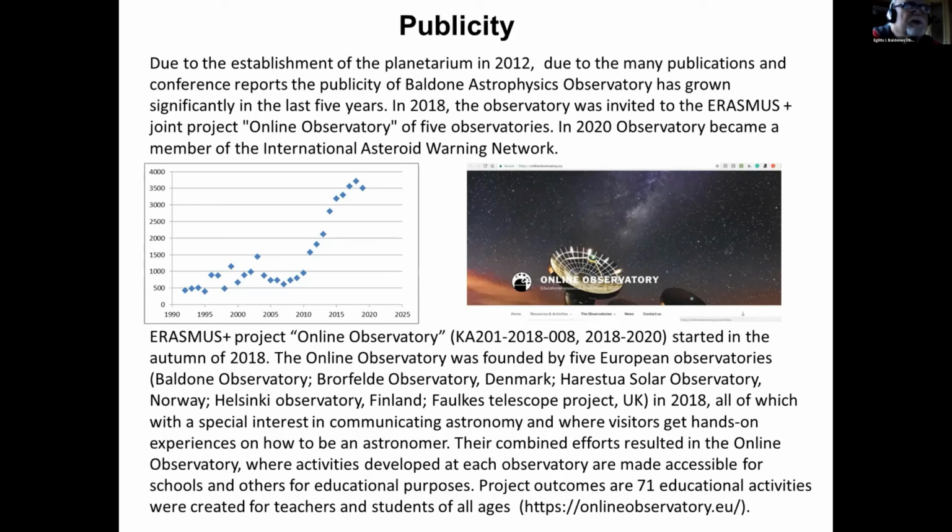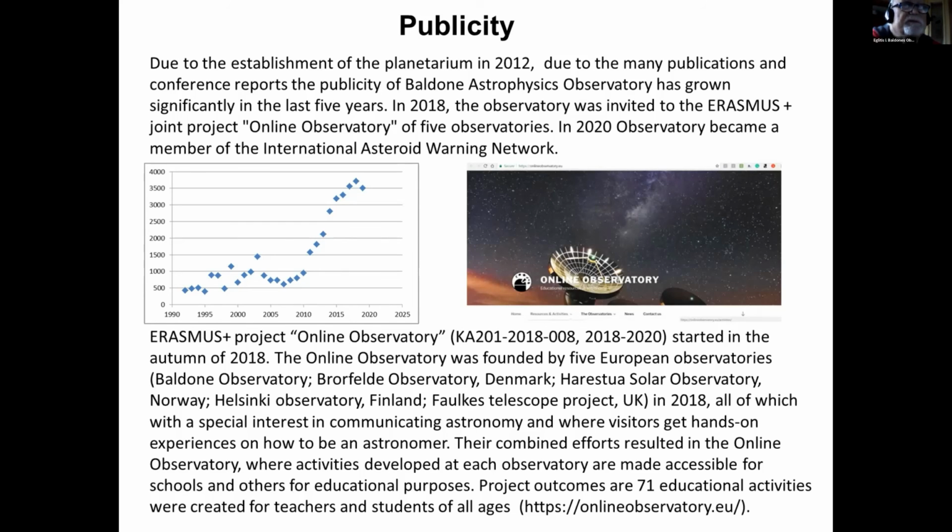The third project was the Erasmus Plus project, which also started in autumn 2018. The Online Observatory was founded by 5 observatories: Baldone, Brorfelde Observatory in Denmark, Harestua Observatory in Norway, Helsinki Observatory in Finland, and the Faulkes Telescope Project, which is a United Kingdom observatories project.